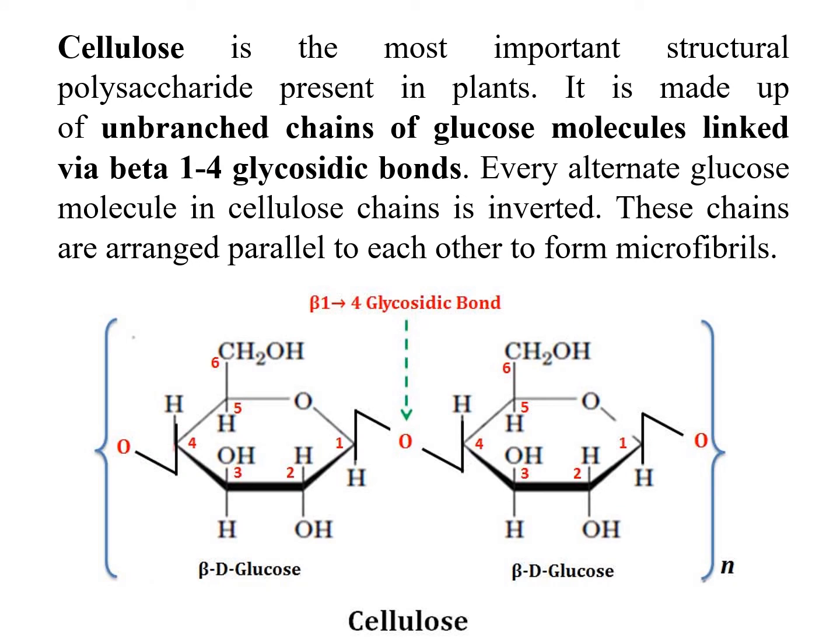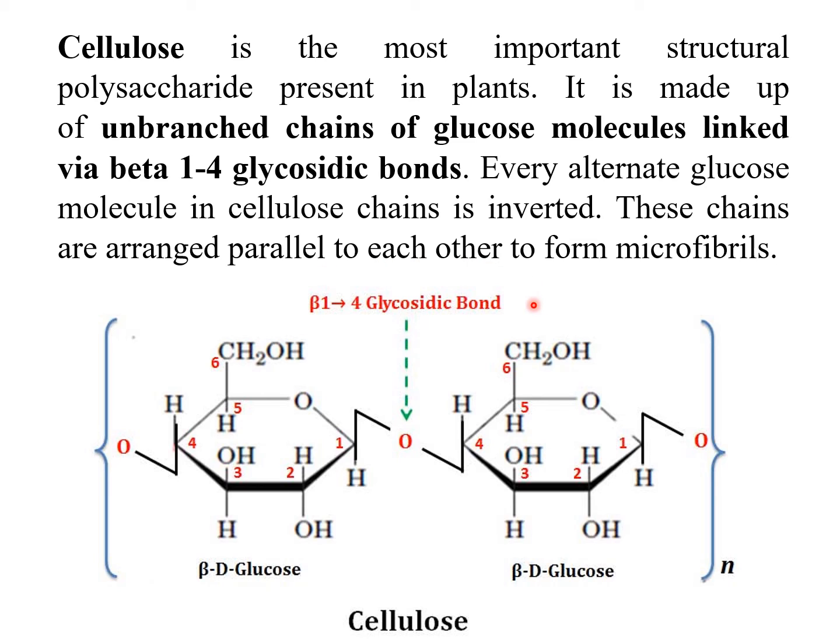Cellulose is the most important structural polysaccharide present in plants. It is made up of unbranched chains of glucose molecules linked via beta 1,4 glycosidic bonds. Every alternate glucose molecule in the cellulose chain is inverted. These chains are arranged parallel to each other to form microfibrils.